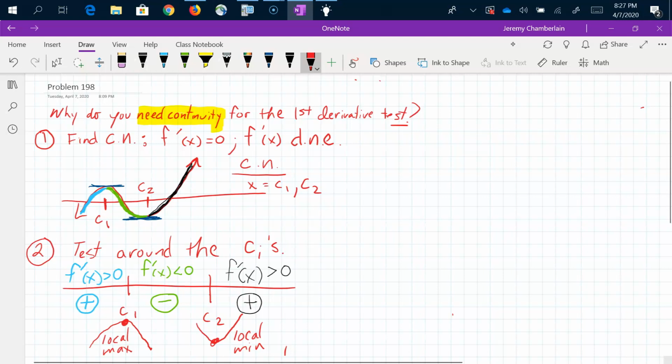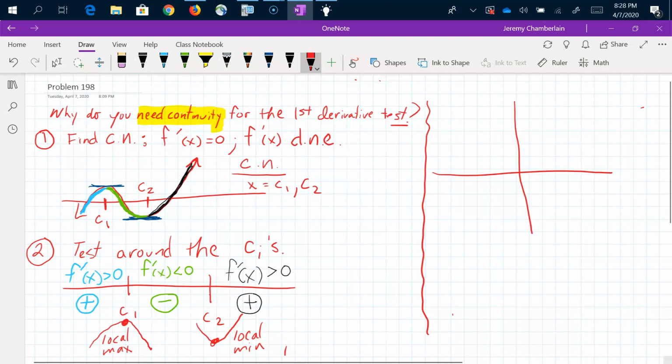So why do we need continuity? Well, I could have a different function, and I'll make something up like this, where I'll have the sign of the derivative actually alternate sign, but I won't have a local max or local min.